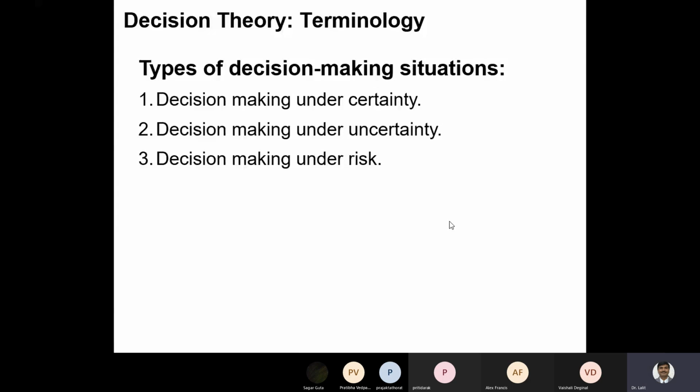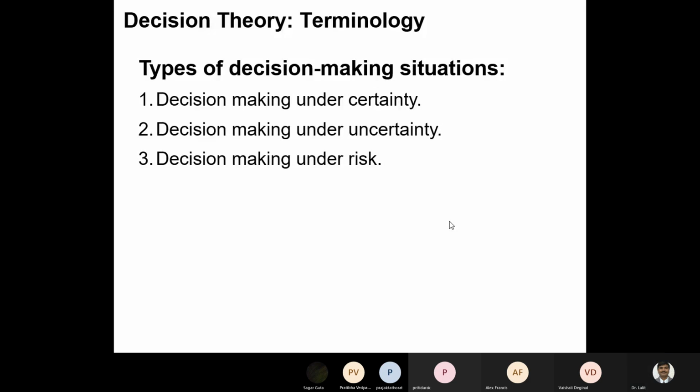For example, let's discuss the case of the investor's problem. There are 3 types of states of nature: growing economy, moderately growing economy, and negative economy. If the decision maker is able to assign probabilities, for example, with the help of past experience, the decision maker can predict that there are 40% chances of a rapidly growing economy, 30% chances of a moderately growing economy, and the remaining 30% chances of a negative economy.